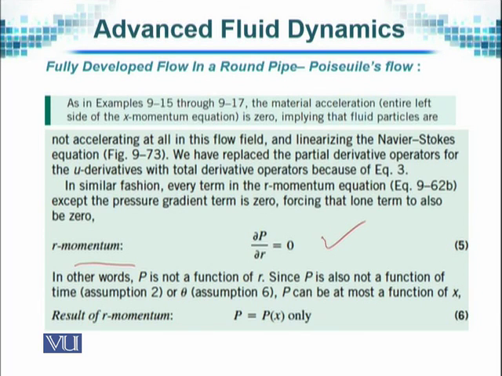Since dP by dr is equal to 0, and since the motion is axisymmetric, the partial derivative with respect to theta also vanishes. Therefore we conclude that the only variation in P will take place because of x, and we know that the pressure that is being applied is also with respect to x.